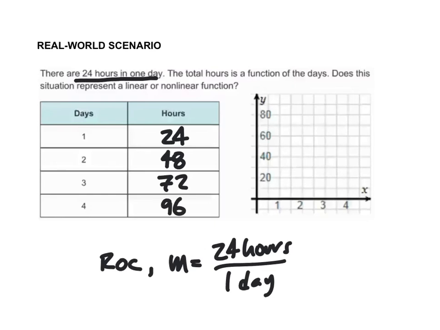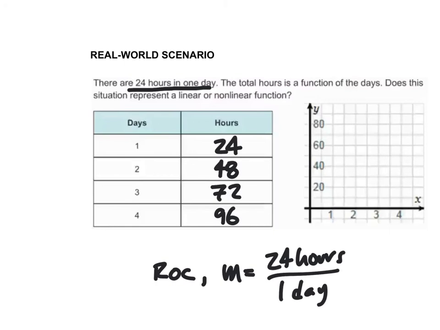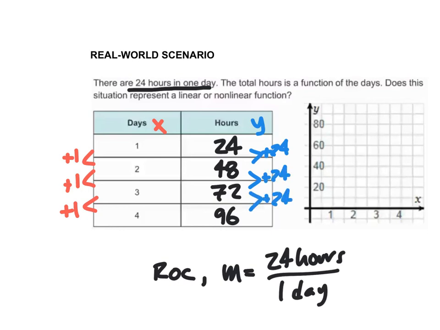So as x increases, days is your x value, hours is your y value. As x increases by 1, your y values increase by 24. Okay? And I know that because they gave us this rate of change here, 24 hours in one day.